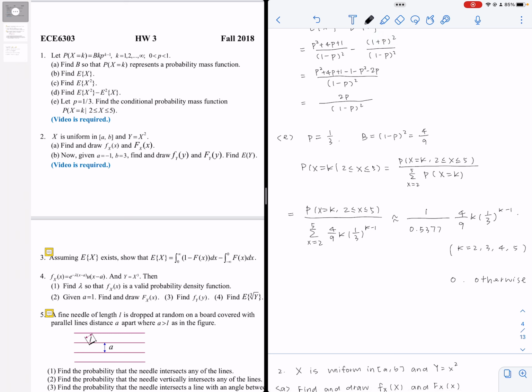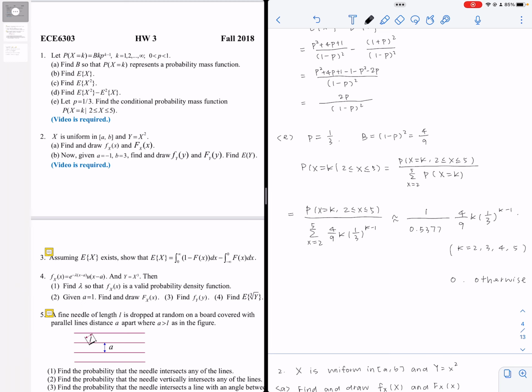And so we can see here pretty much a conditional probability can be written as the joint probability over the probability of the condition. So basically this probability equals the probability when x equals k and x is between 2 and 5 inclusive, those two things happening at the same time, over the probability when k can be 2 to 5, right?